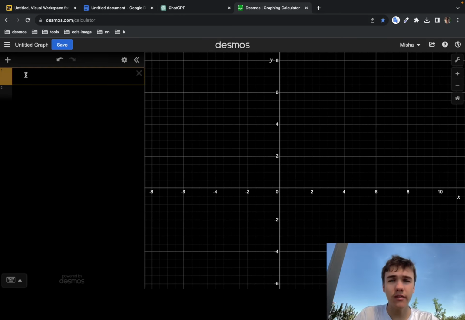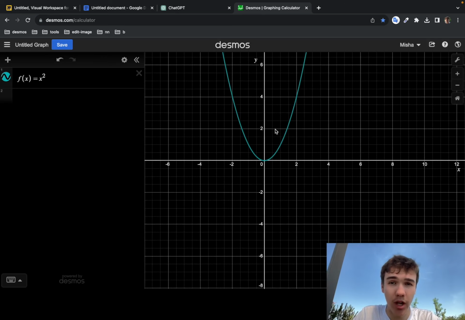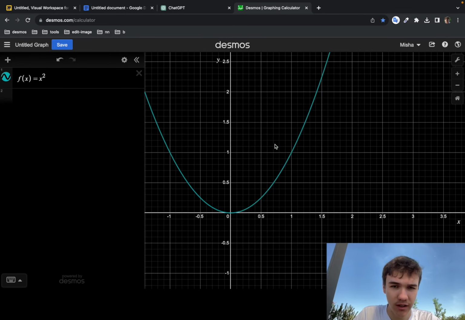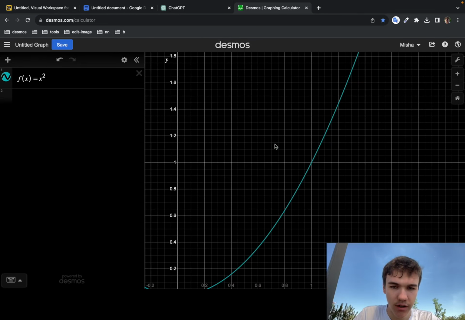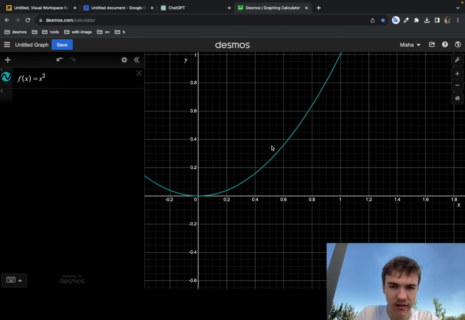First, I want to create a parabolic function. The parabolic function can be described as f of x is equal to x to the power of 2. And this is our parabolic function, or just parabola. I want to zoom a bit so we can see a bit more.